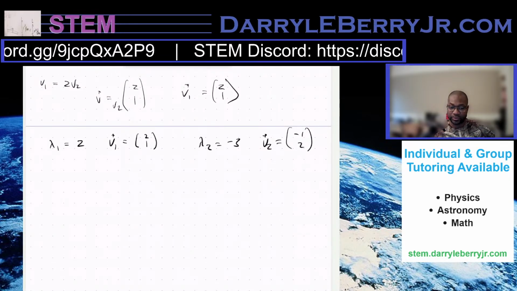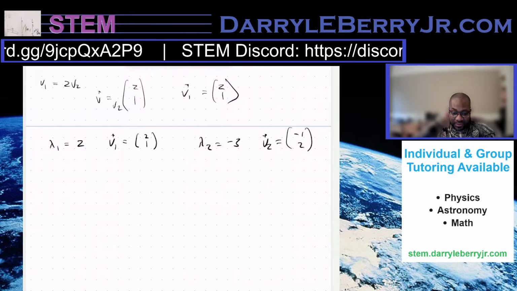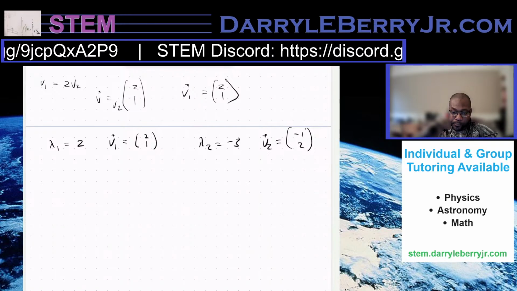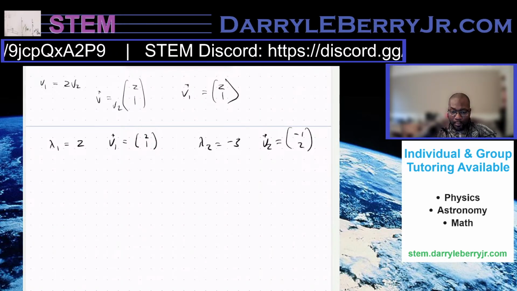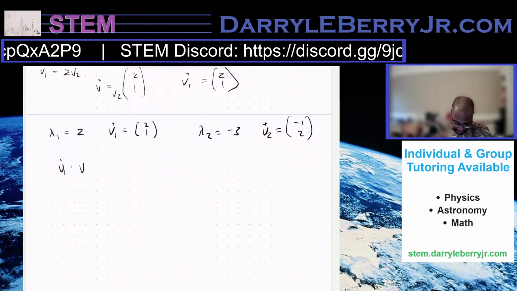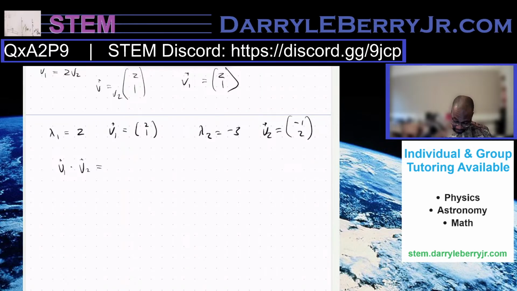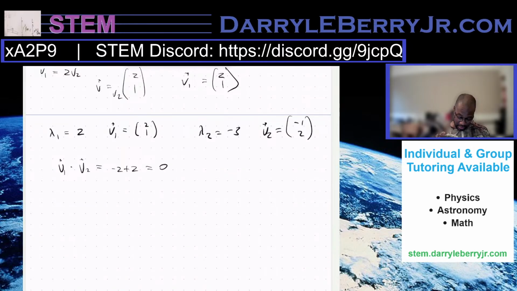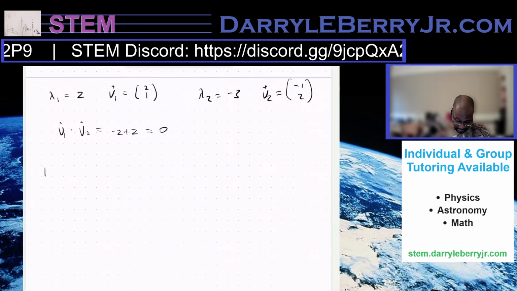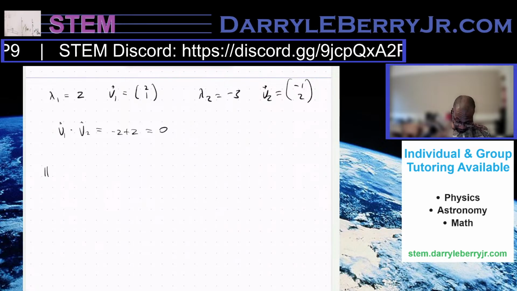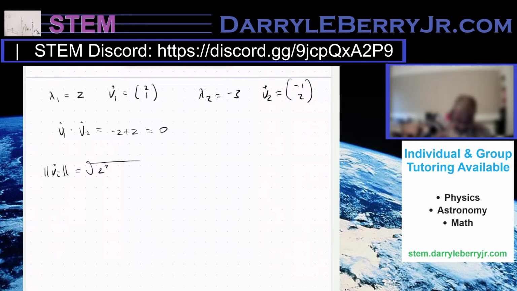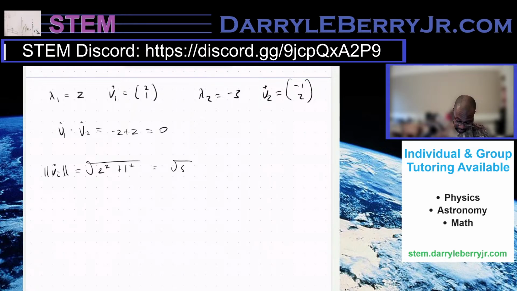So let's see what the problem wants us to do now. By making these vectors unit vectors, we obtain an orthonormal basis. All right, so let's see this. V1 dot V2 equals negative 2 plus 2 equals 0. So we know they're orthogonal. The magnitude of either equals square root of 2 squared plus 1 squared equals square root of 5.